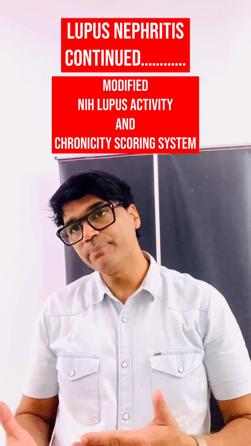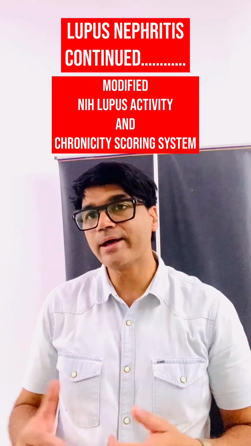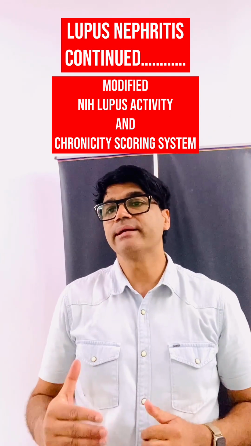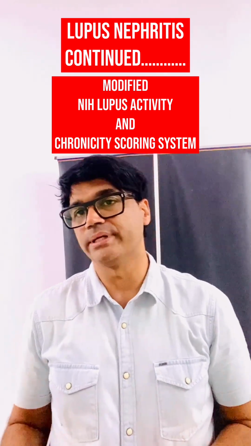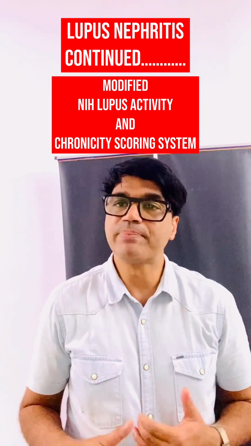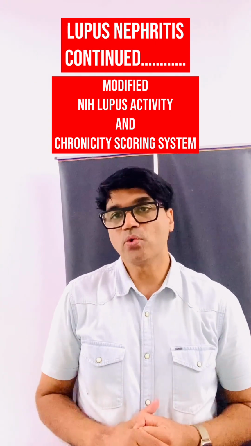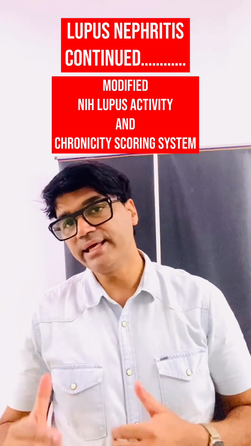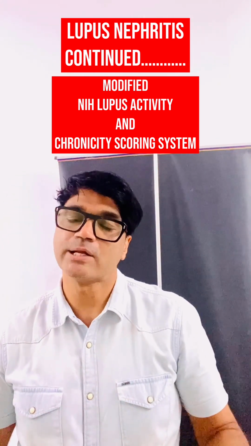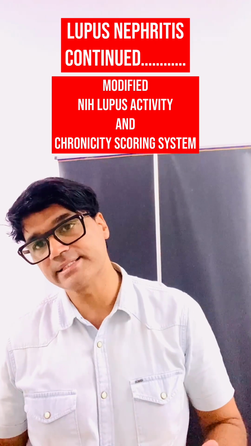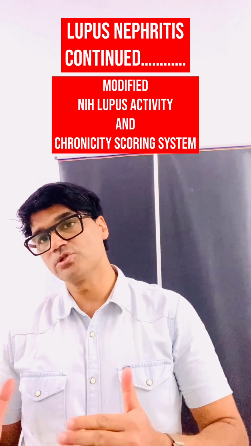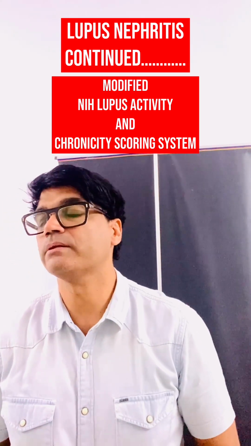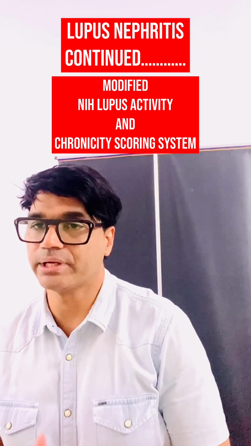If there is hyaline deposit or wire loop lesions and/or hyaline thrombi, then the score is 0 to 3. If there is fibrinoid necrosis, the score will be 0 to 3 times 2. If there are cellular or fibrocellular crescents, the score will be 0 to 3 times 2. If there is interstitial inflammation, the score will be 0 to 3.